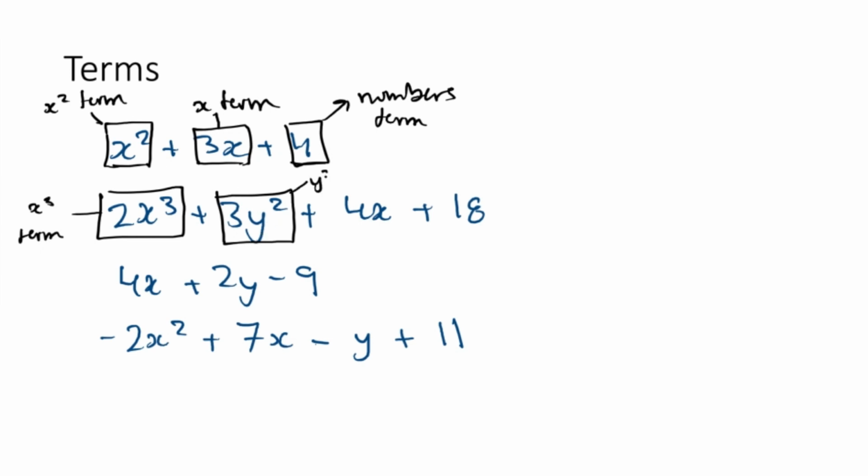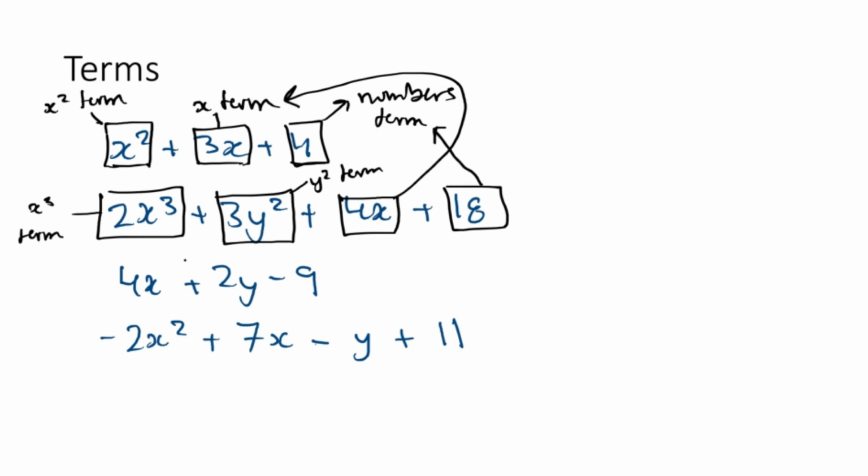Then you have the 4x term, which is the same as this one, the x term. Then you have the numbers term, same as this one. Next one, again you have 3 terms. So you have the x term, the y term, and the numbers term.